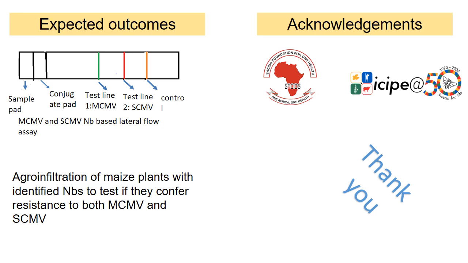So they showed through neutralization that the plants, using the model plant Nicotiana benthamiana, which could express the nanobodies, were tolerant to the virus following mechanical inoculation experiments. I want to acknowledge SACIDS and ICIPE, and thank you.